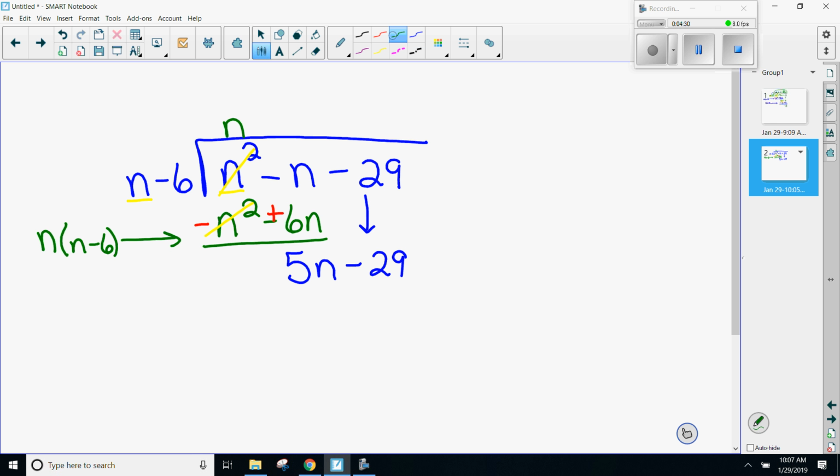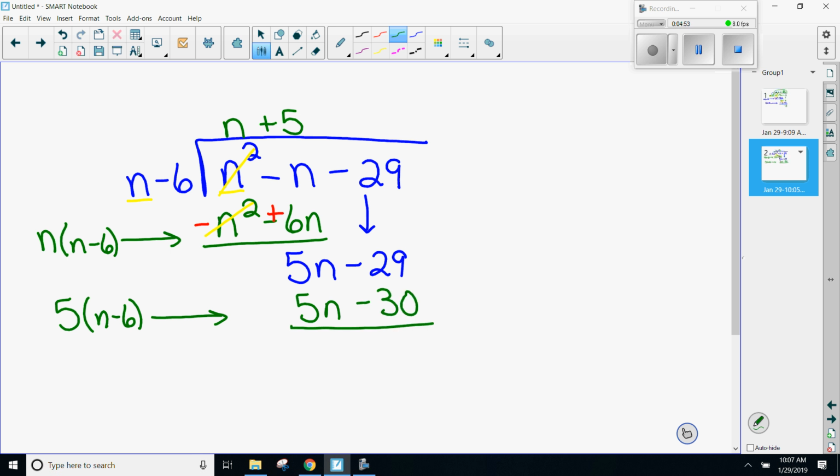So you get negative 29. Now what do you multiply n times to get 5n? 5. So you have to take 5 times n minus 6 to get this entry, which is 5n minus 30. But then what do you do? Subtract it, which means you change the signs, and you end up with 1. Plus 1 over n minus 6.